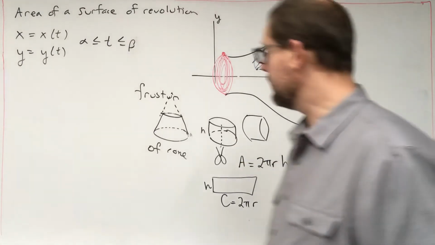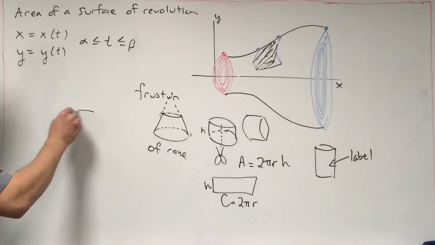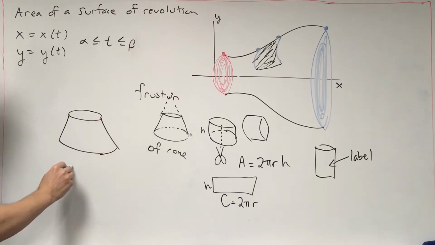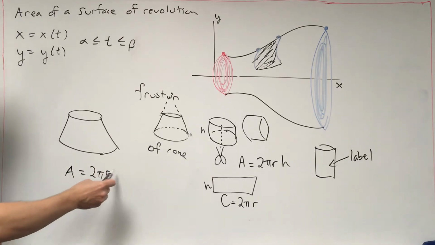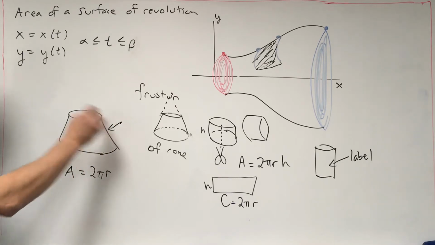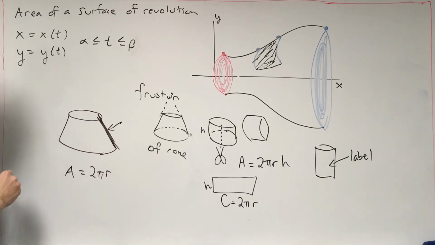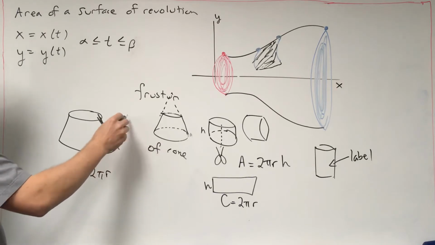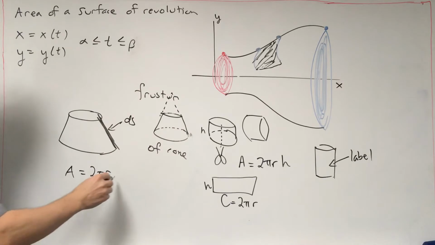It turns out for the frustum of a cone, it's pretty much the exact same formula, except instead of using the height, we're going to be using something related to this side length here. And so let's call that, for the moment, I don't know, let's call it ds, because that's actually what we're going to call it in our picture.